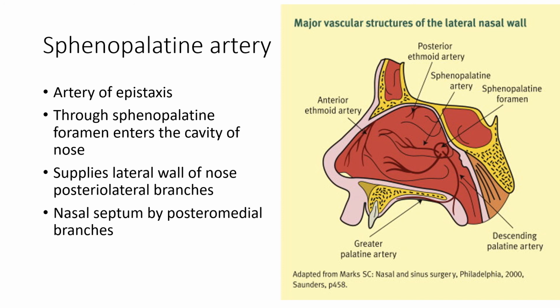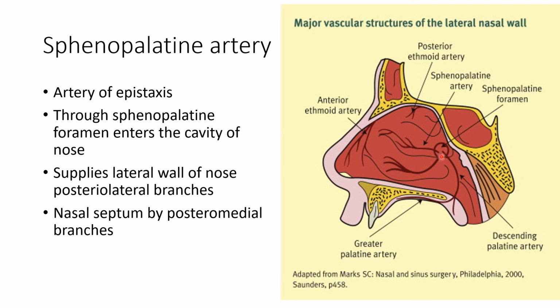Why is it the artery of epistaxis? Because this artery supplies the lateral wall of the nose and the medial part, which is the nasal septum. So this artery is responsible for supplying the nose, the lateral walls, and the nasal septum. It enters the cavity of the nose through the sphenopalatine foramen.